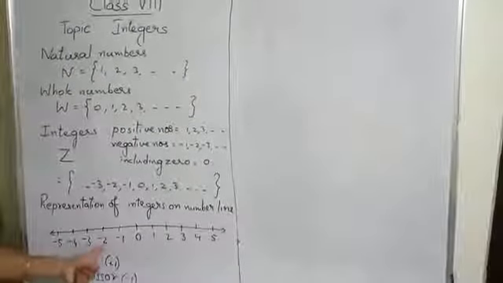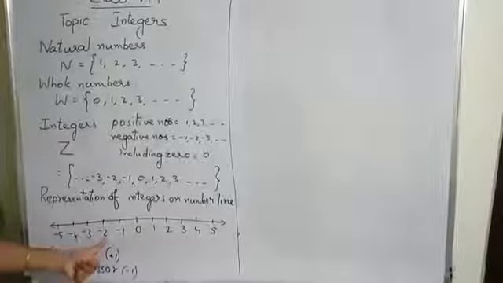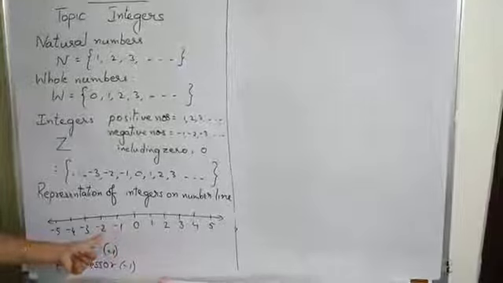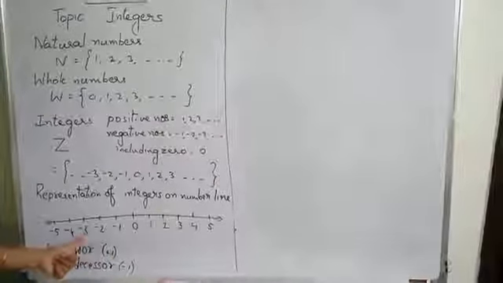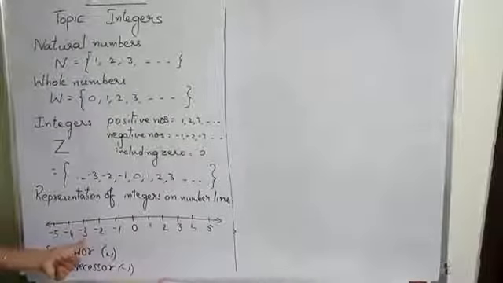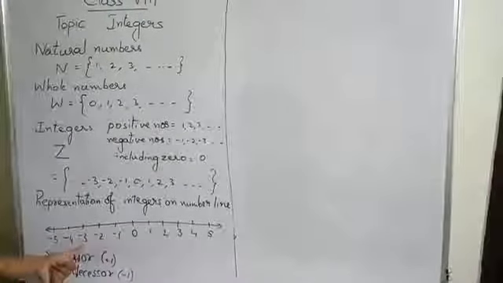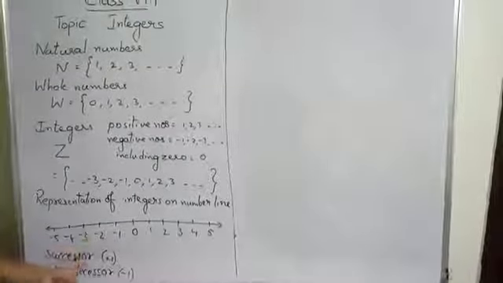Suppose if you take -2. Successor of -2 is -1 because it lies to the right side. And predecessor of -2 is -3. Why? Because it lies to the left side of -2. Did you understand, children, what do you mean by successor and predecessor?